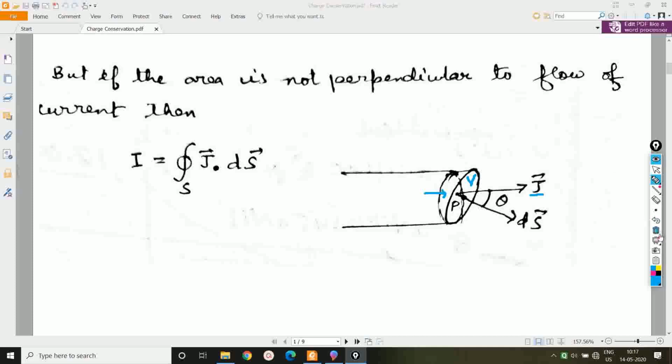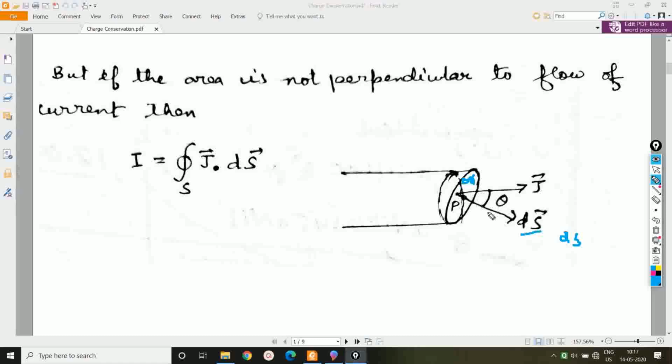In this case, what we are going to do is take the area vector. So at this point P, for this area, which I am showing with blue marking, you try to draw the area vector. This particular area is dS in magnitude, and its area vector we know is normal to it, so this is the corresponding area vector for it, and the current density vector is already drawn here.